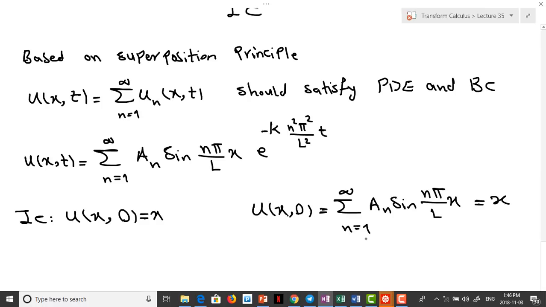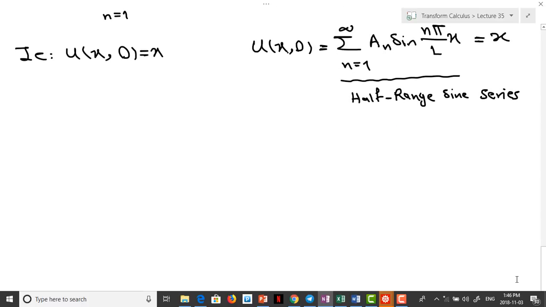If you look at this term, you can see that this is half range sine series. And for half range sine series, we had an equal to 2 over L, integral from 0 to L, fx sine n pi over Lx dx.